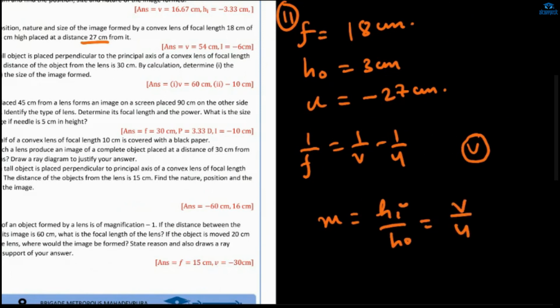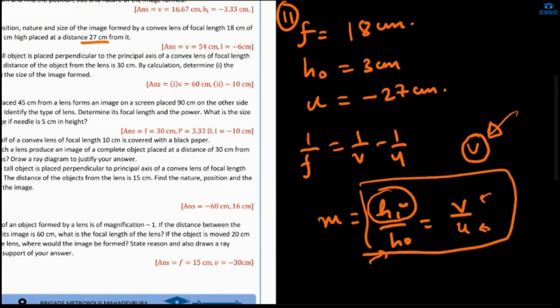We will be knowing v, u, and ho. So all we need to find is hi then. Now find out hi and this v. First find v, and then using this formula, equate these two, then find hi.